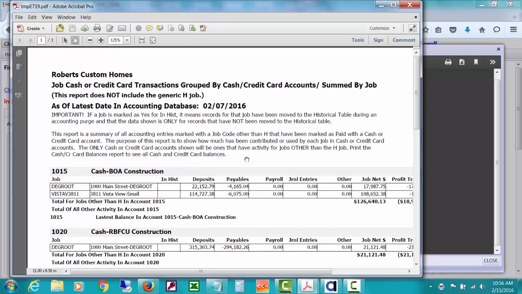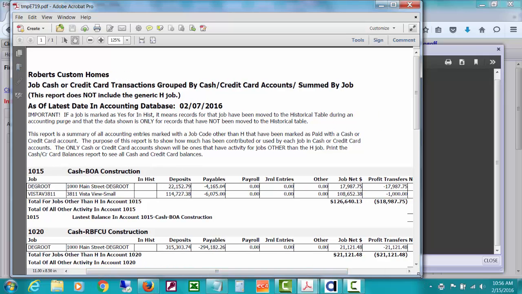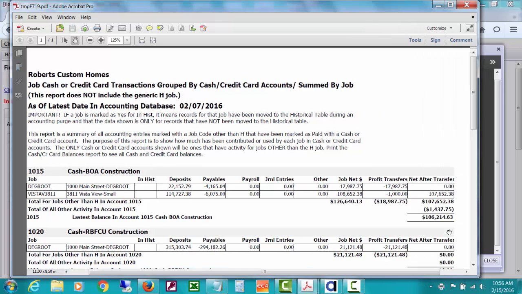First you'll see, I had this narrowed down earlier. First you'll see this bank account, then this bank account, and you will see how much is in each account. You can see the initial job net for each job for this account. So you can see that there's a job net.